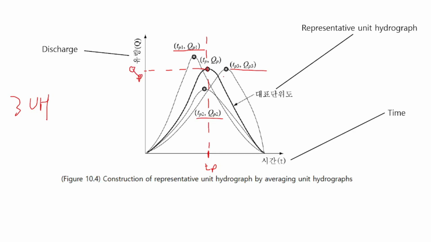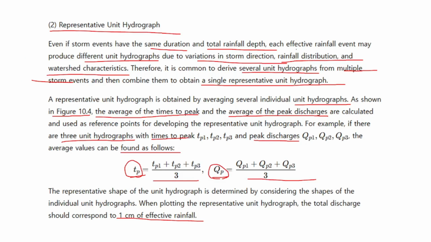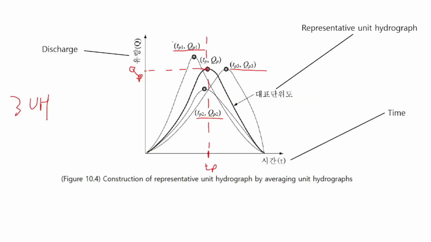So to draw a representative unit hydrograph, in the case of storm events, because the storm is moving, we might need to combine 3 different unit hydrographs to make 1 representative unit hydrograph.